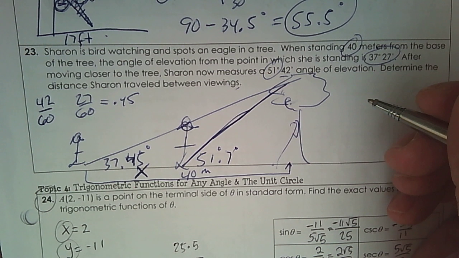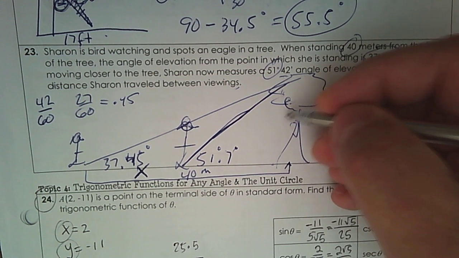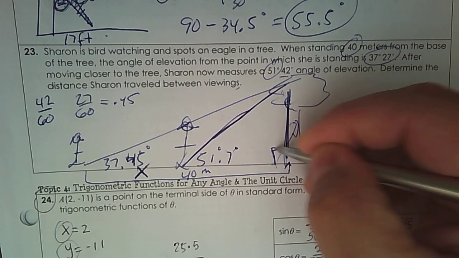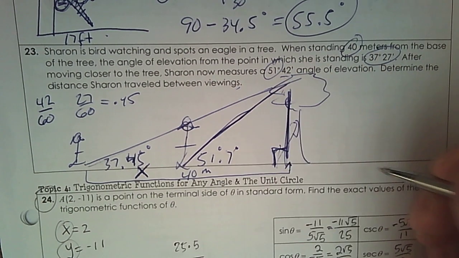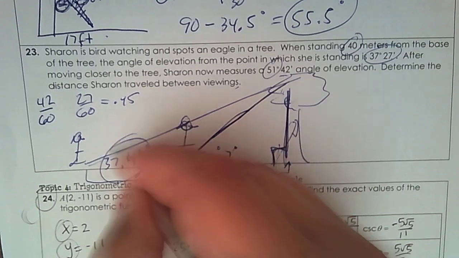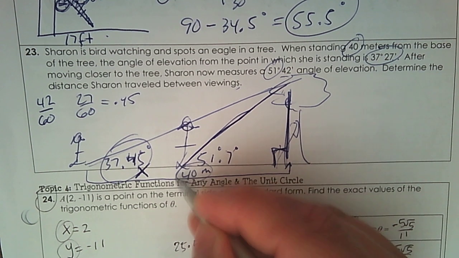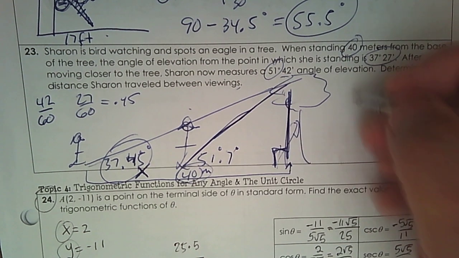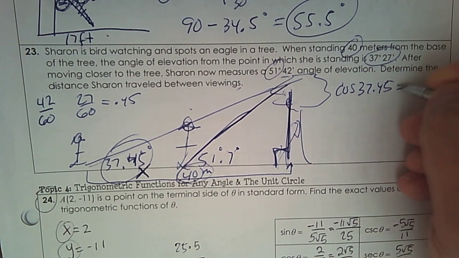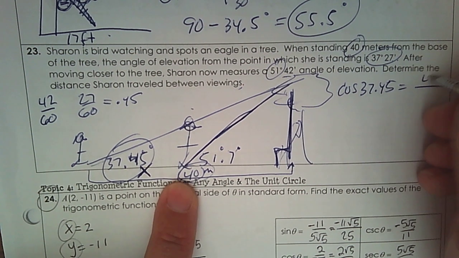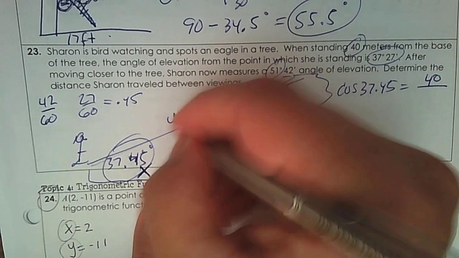So I am going to use right triangle trigonometry, because that full distance is 40, I'm going to find the hypotenuse to begin with. If I have an angle, and this is the adjacent side and the hypotenuse, I'm going to use cosine. So cosine of 37.45 is equal to the adjacent side over the hypotenuse. I'll call that y.